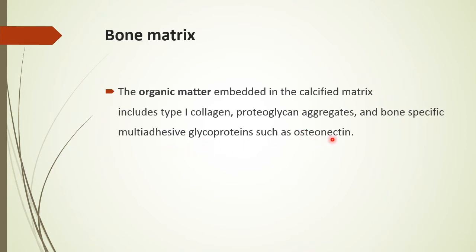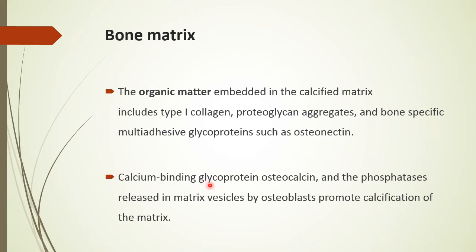This osteonectin is a multi-adhesive glycoprotein. It is bone-specific, found only in bone. This is the organic matter found in bone matrix: type 1 collagen, proteoglycan aggregates, and multi-adhesive glycoproteins like osteonectin.